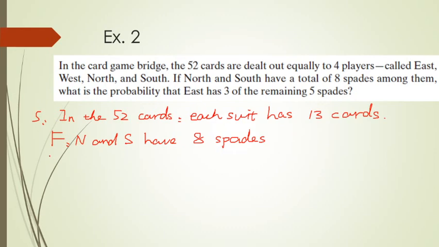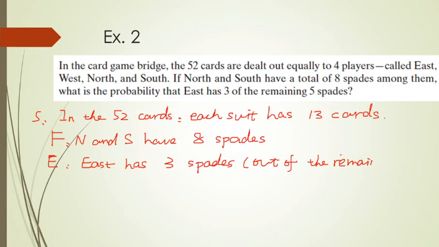And then what is the probability we need to work out? East has 3 spades out of the remaining 5, because besides the 8, remove the 8, then we have 5 spades left, out of 13.